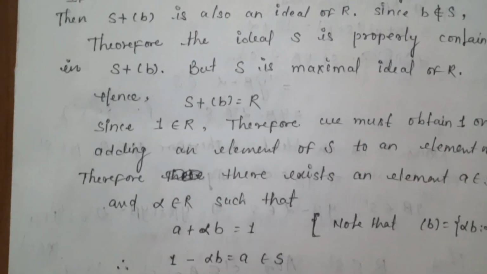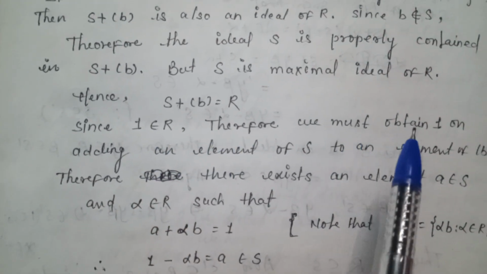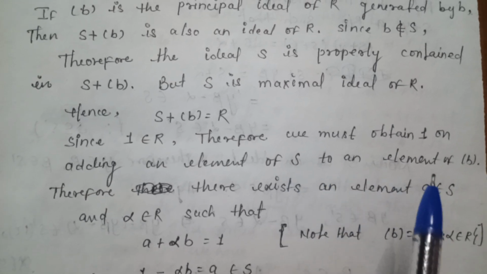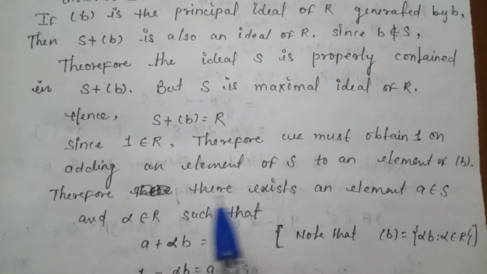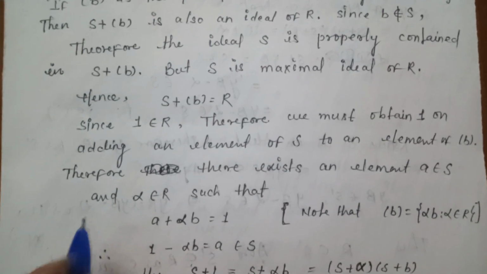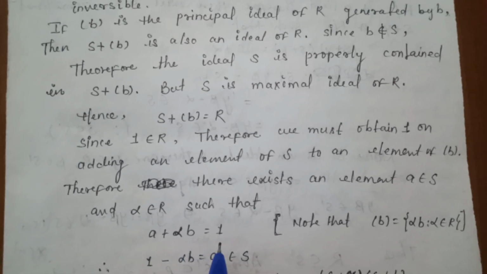Since 1 belongs to R, we must obtain 1 on adding an element of S to an element of B. Therefore, there exists an element a belonging to S and alpha belonging to R such that a + alpha b is equal to 1.